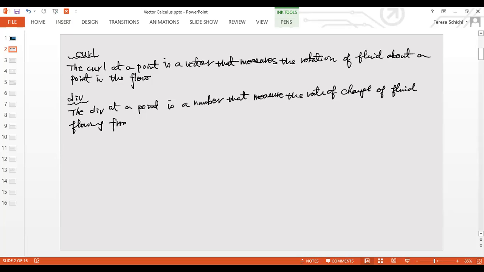Basically, it's how fast the fluid is diverging from the point.